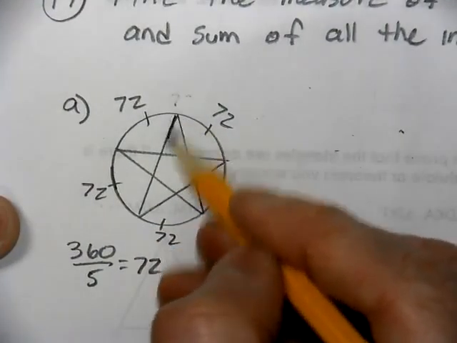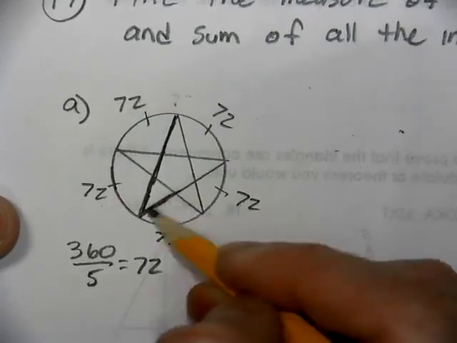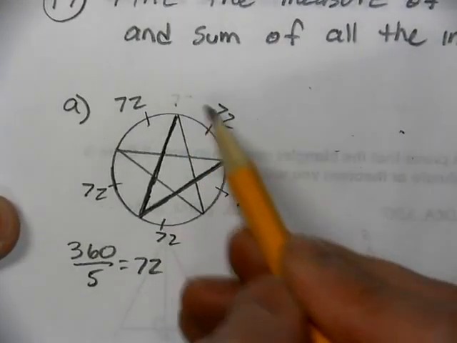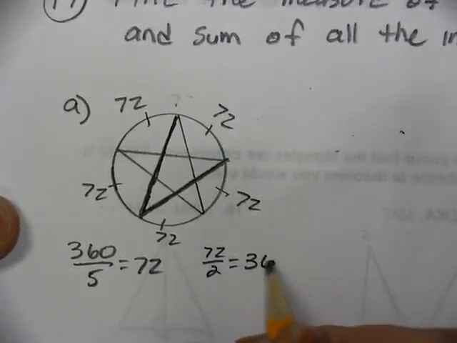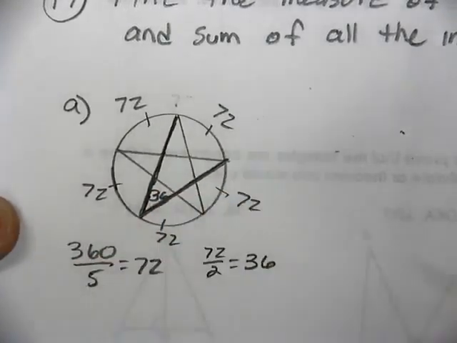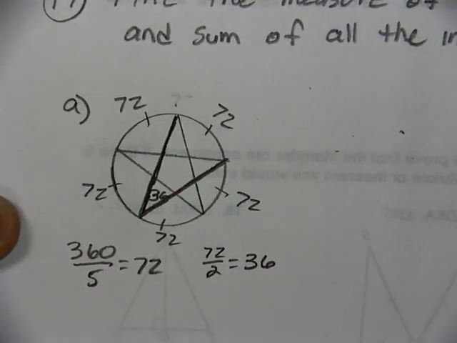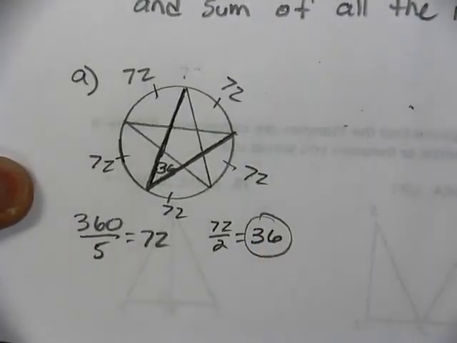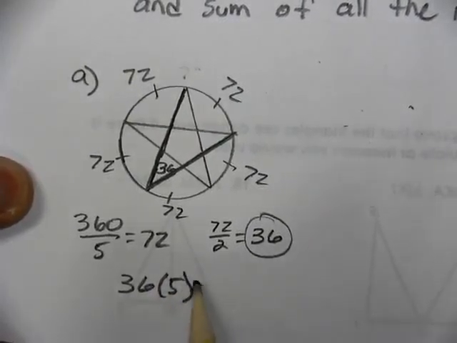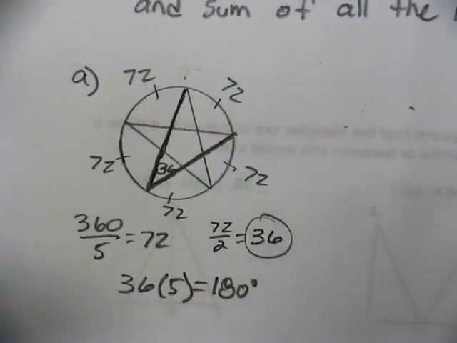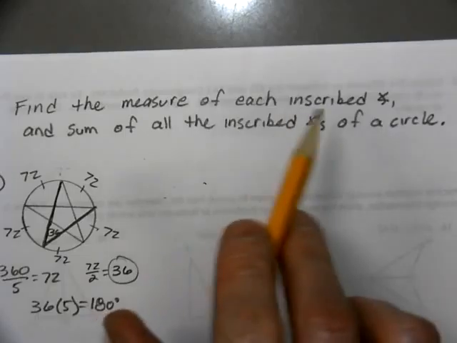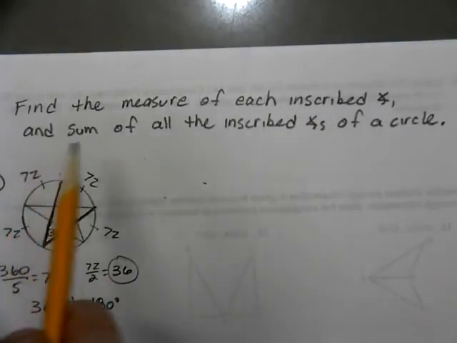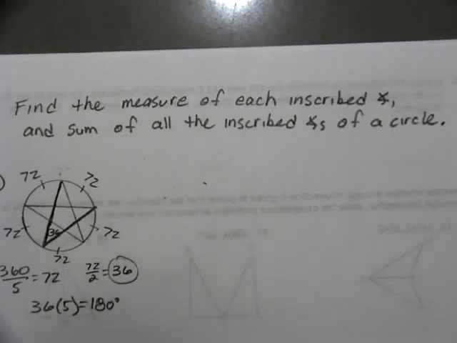And then each of the inscribed angles, notice, opens up to intercept that arc. So we take the 72 and divide it by 2 to give us 36. So each of these is 36. And then there are 5 of them, so the sum of all of those is 180. We found the measure of each inscribed angle was 36, and the sum of all of them was 180.